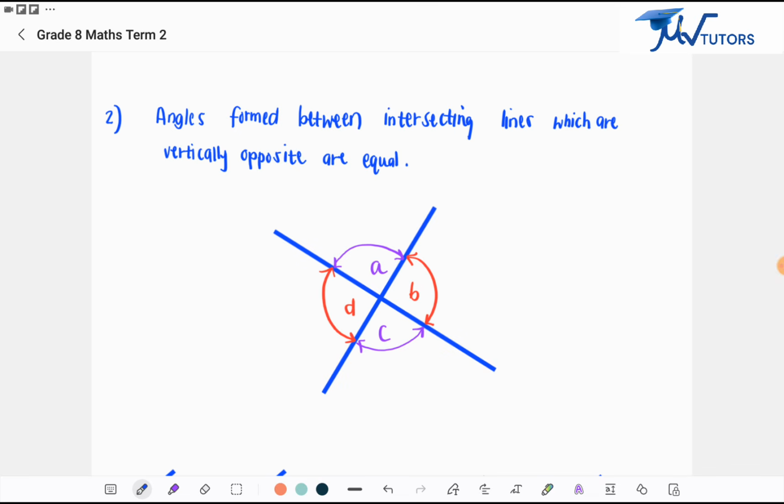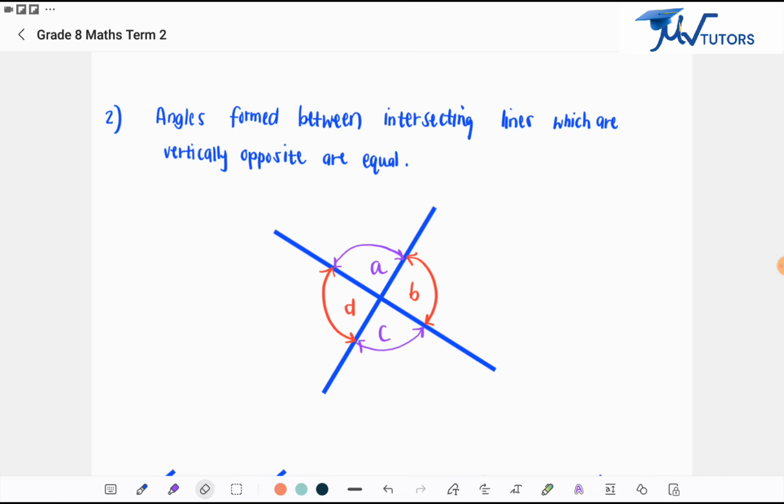So I don't want to see lines that form randomly and then you say, oh, since these ones are vertically opposite, they must be equal. No. Those are not going to be equal. It must be an actual straight line. Then these angles that are vertically opposite, they will be equal.